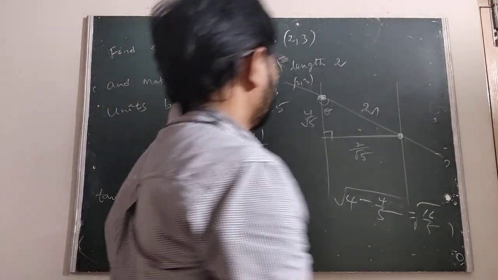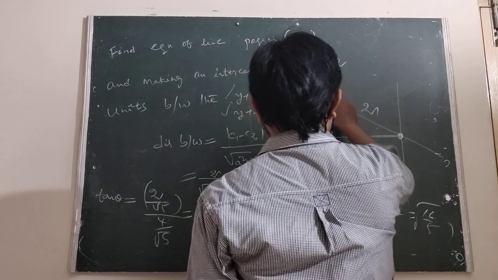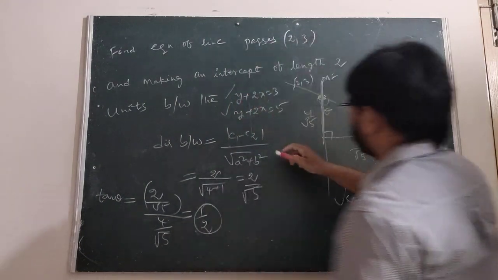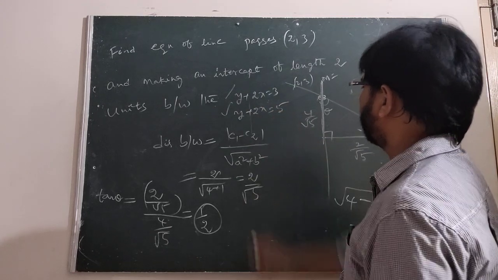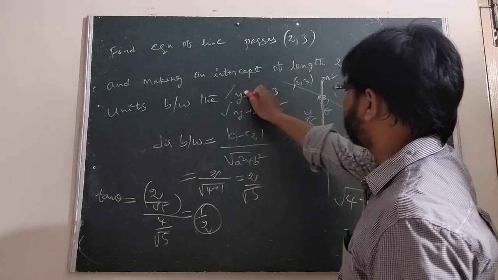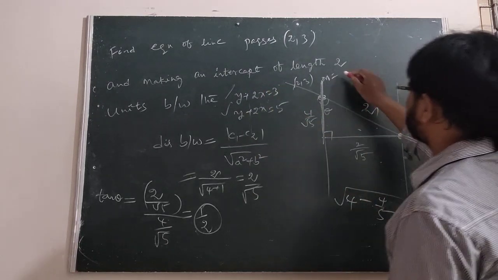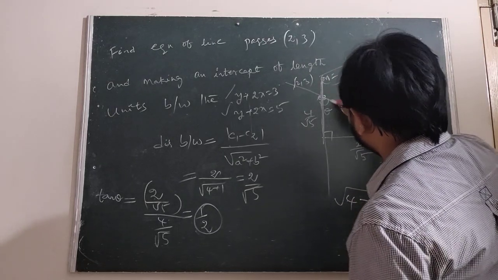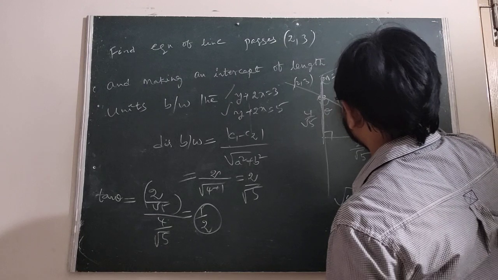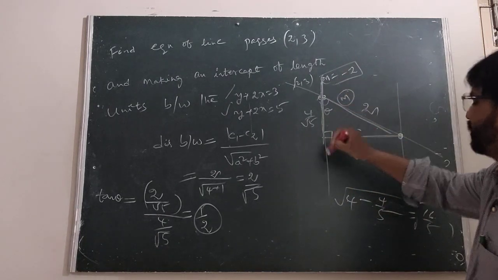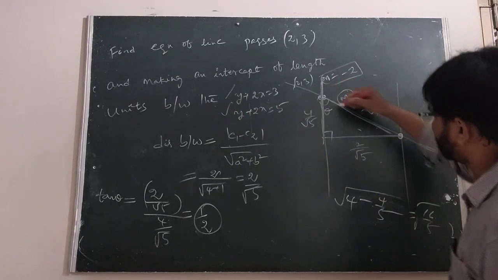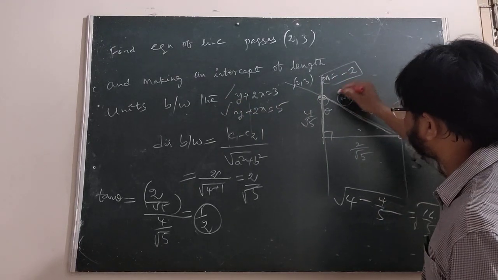Here tan theta, we are taking the slope of this line. The slope m is minus a by b, which is minus 2. Now the slope of this other line we are taking as m.